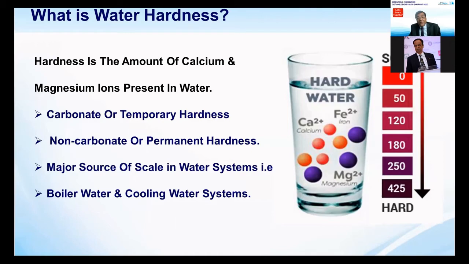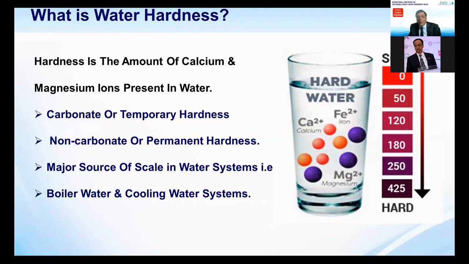There we have the scale formation, and we need to keep the surface clean to have a good efficiency of the boilers and the heat exchangers, because where the scale deposits, no transfer of heat takes place, or very poor transfer of heat takes place.